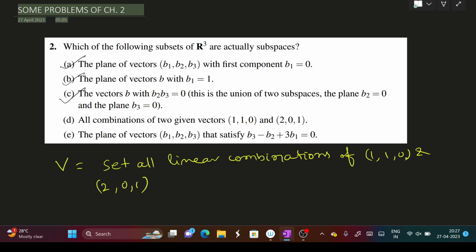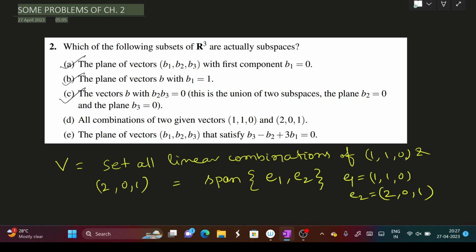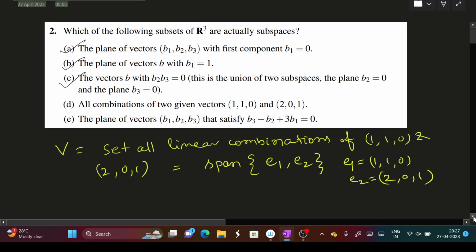I can write it as span of E1, E2, where E1 is 1, 1, 0, and E2 is 2, 0, 1. Now here clearly E1 and E2 are not linear combinations of each other. That means they are linearly independent. So I have two linearly independent vectors.